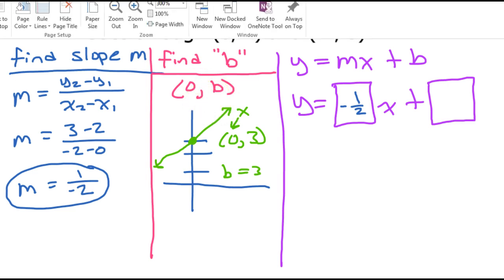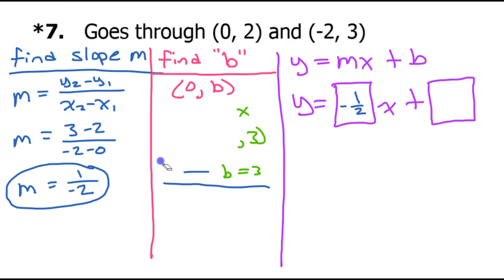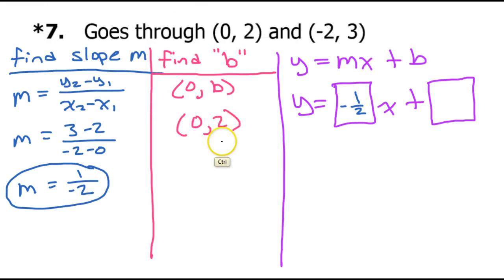So if they gave me a point that already has 0 for the x value, guess what? If I've got 0, comma 2, that means that this is the b value right here. That tells me that b is equal to 2.